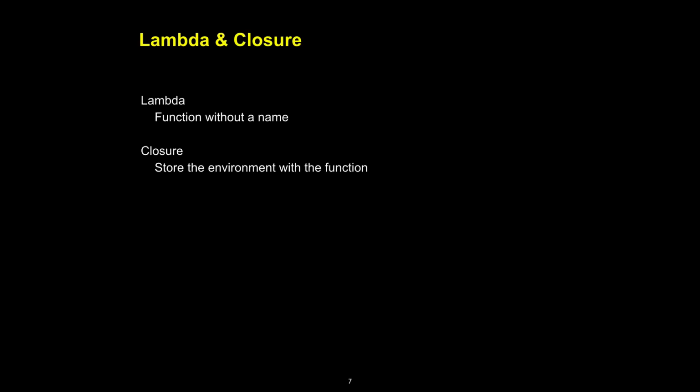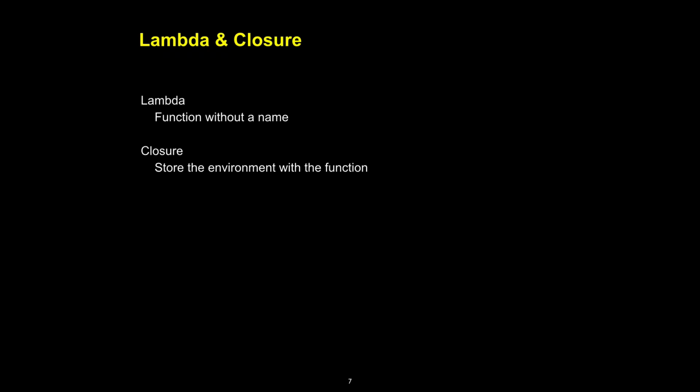So 2 terms you should know. Since functional programming is becoming more popular and newer languages all have lambdas and closures, and older languages like Python and Java are including them, lambdas are something you should know about and be able to use and be familiar with. So lambda is just a function without a name, right?